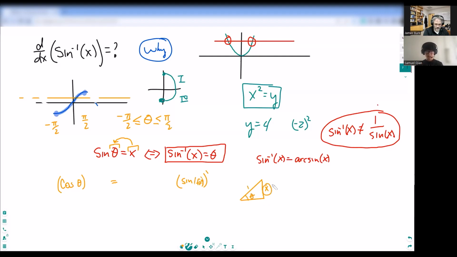So if the height, the altitude of my triangle changes, that angle is going to change. So what does that tell you about the relationship between theta and x? They are proportional. Yeah, I guess you can say it like that.